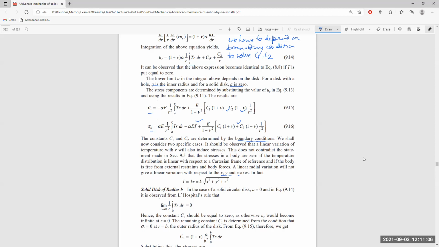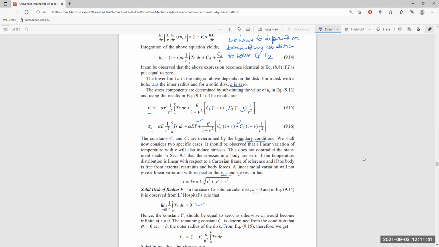Now, if we consider a solid disk where a is equal to 0, meaning there is no internal hole, it is observed from L'Hospital's rule that the limit as r tends to 0 of 1 by r times the integral from 0 to r of T r dr is equal to 0 itself. Hence C2 should be equal to 0 itself.